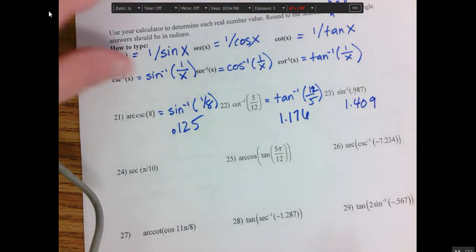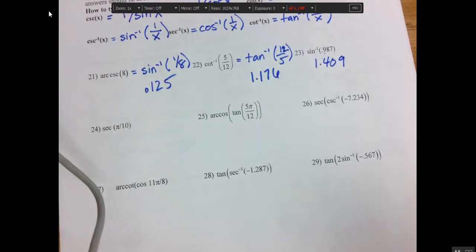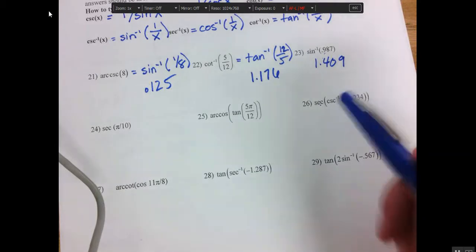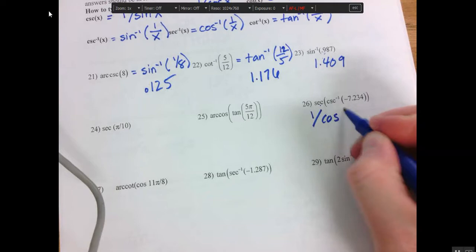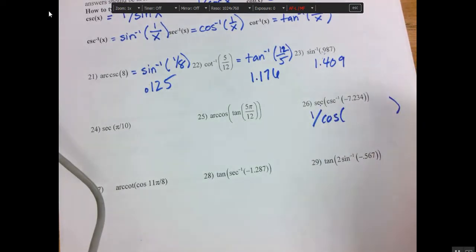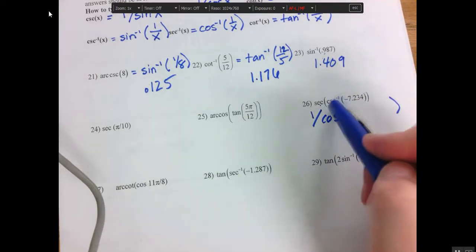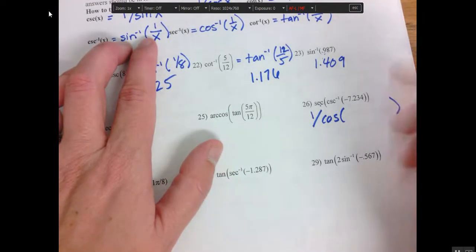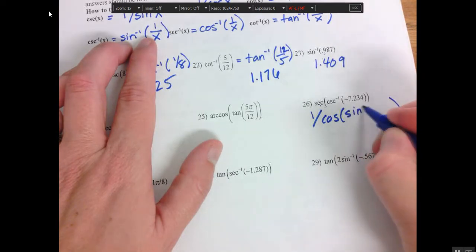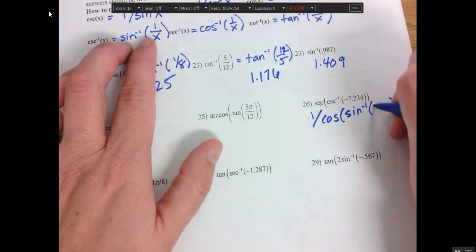All right, let's look at some of the harder ones down here. Instead of typing secant, I'm going to type 1/cosine. But instead of typing inverse cosecant, I'm going to type inverse sine and flip the input. So it would be 1/-7.234. All right, so I have two sets of parentheses there.